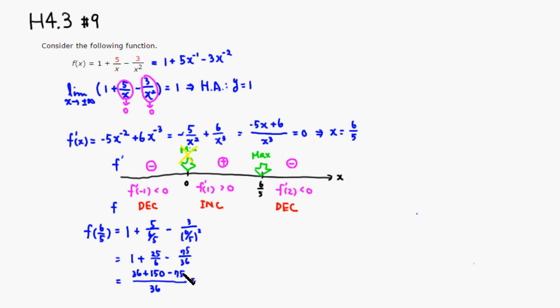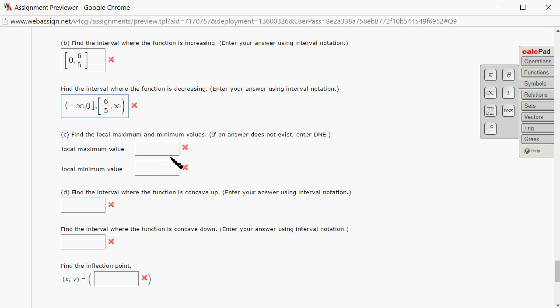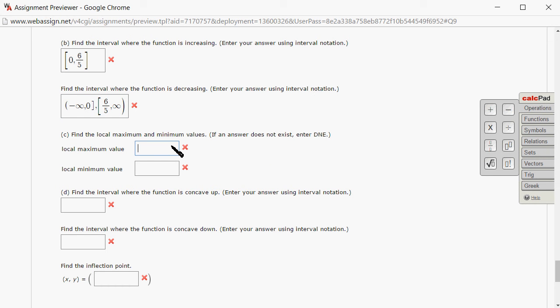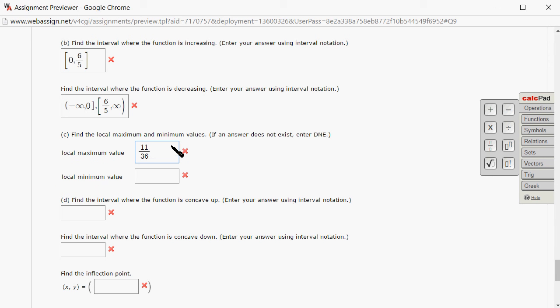So that would be 75 plus 36 would be 111 over 36, right? So we have, let's see, maximum value is 111 over 36. Let's see, 111, 11, and that does not exist.